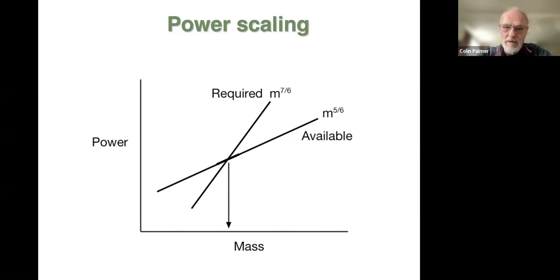Because they say, well, if you calculate the power available and the power required, where they cross over is the maximum mass that a flying creature could achieve. Well, the fundamental theory behind that is undoubtedly correct, and at some point that crossover will occur. The question really is whether it's actually very useful in determining these things.